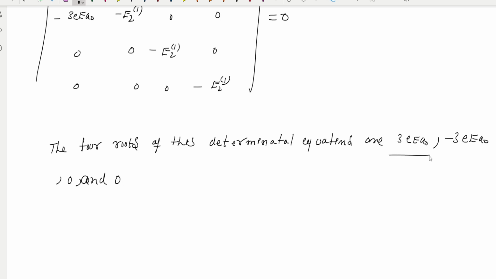One is plus 3 E A naught, one other minus, remaining two are 0, 0.